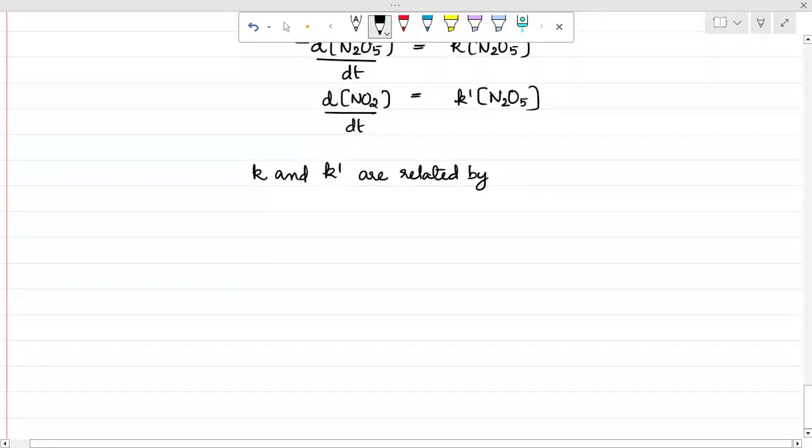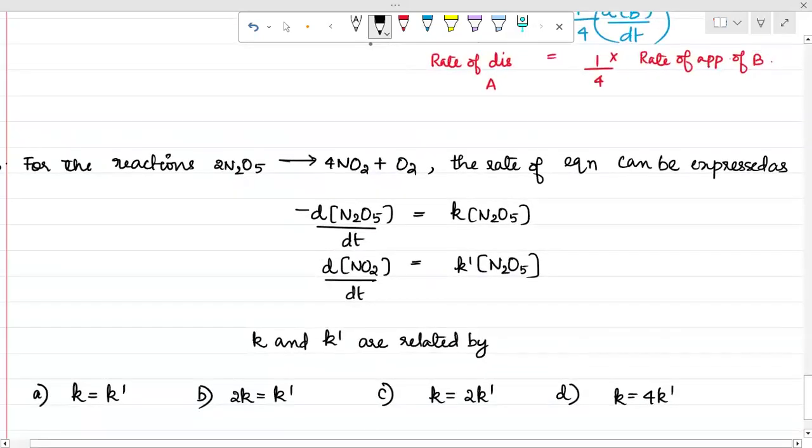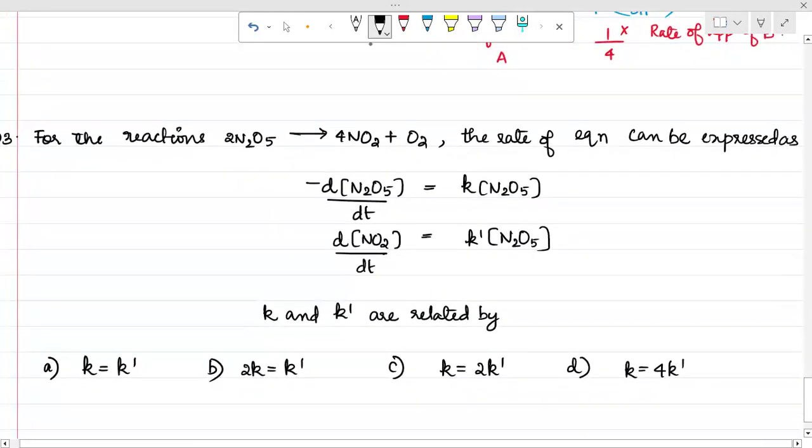Okay, so the options are: K is equal to K prime, 2K is equal to K prime, K is equal to 2K prime, K is equal to 4K prime. Only 1 question is needed as homework. So please note down the question.